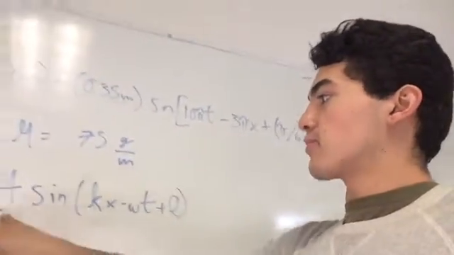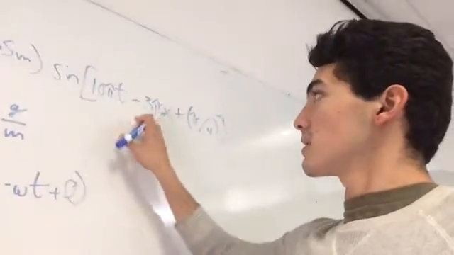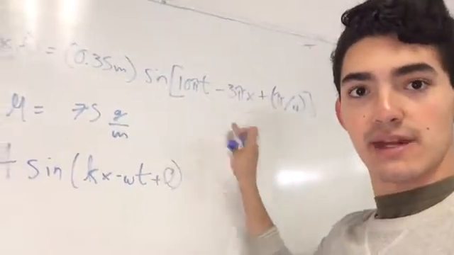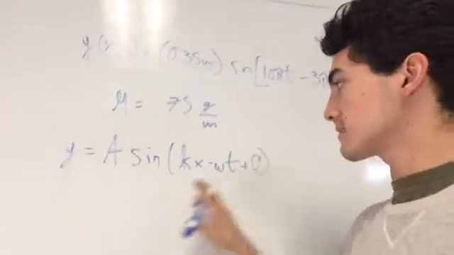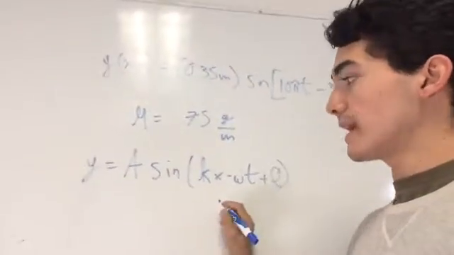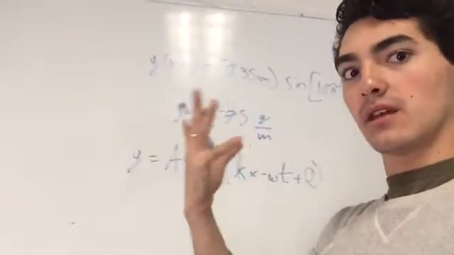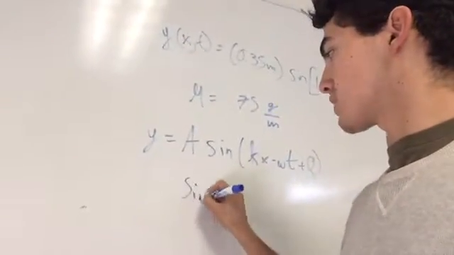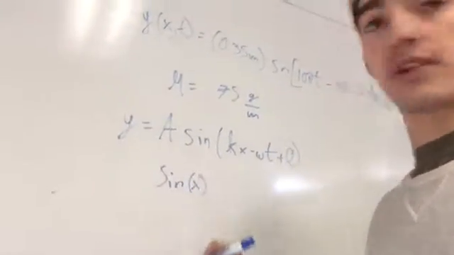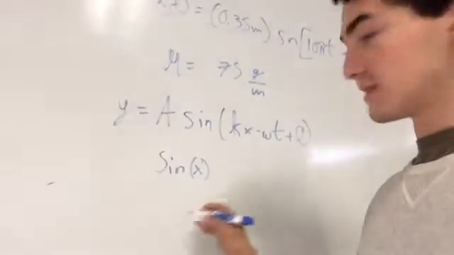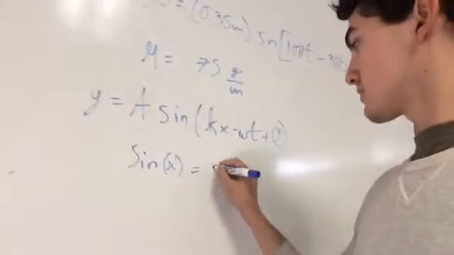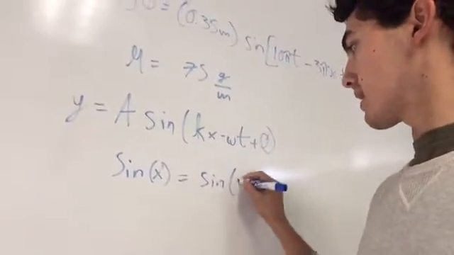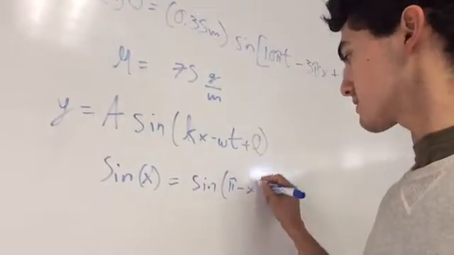This is approximately the same as the given one, but here we have the values. We also need this trigonometric property: the sine of x is equal to the sine of π minus x.